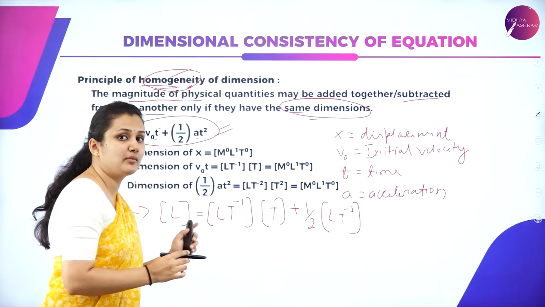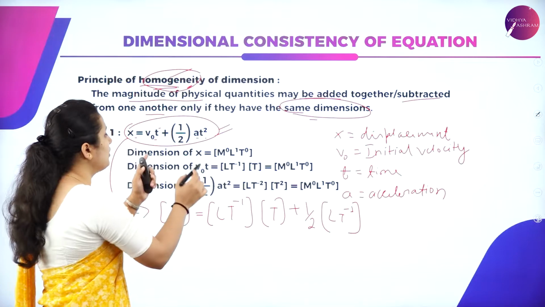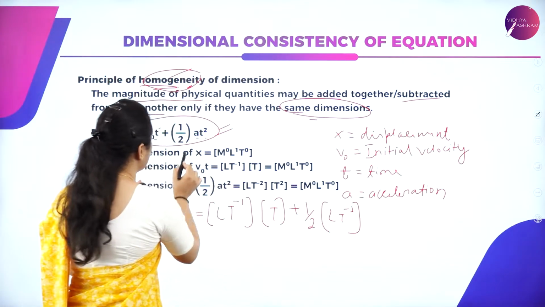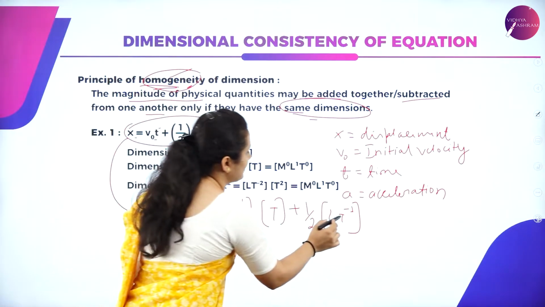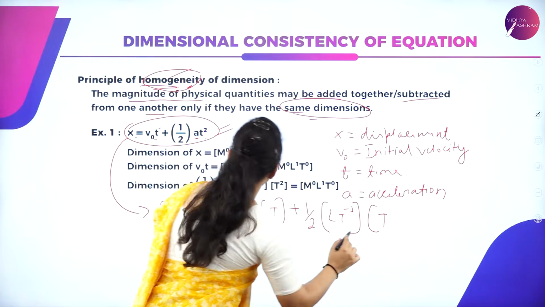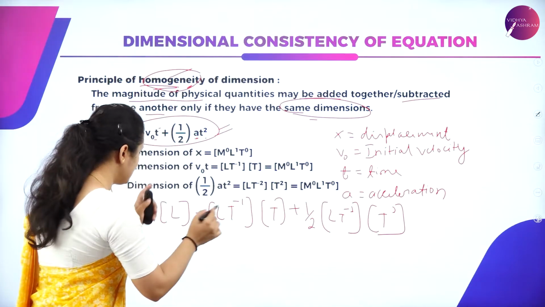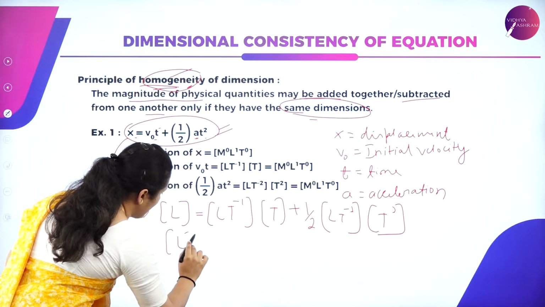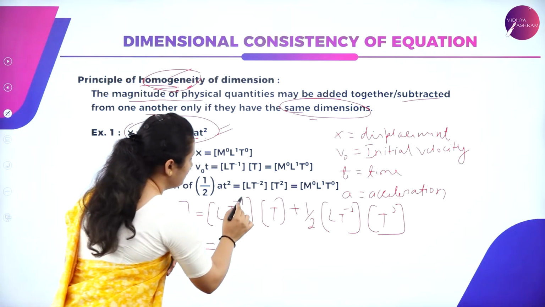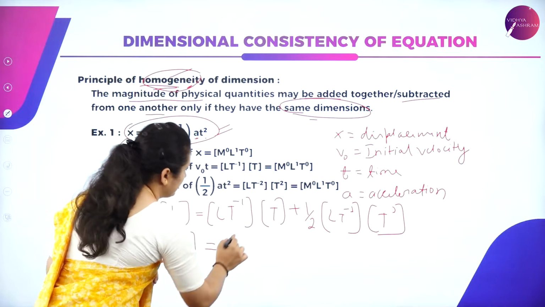We have solved the dimensional formula for physical quantities in our previous slide. And we have T square. Now substituting, I have L in the RHS equal to T times T to the power minus 1, and minus 1 and plus 1 get cancelled.